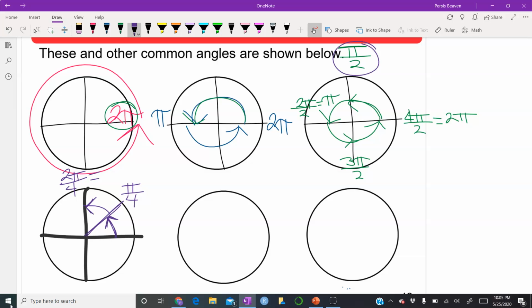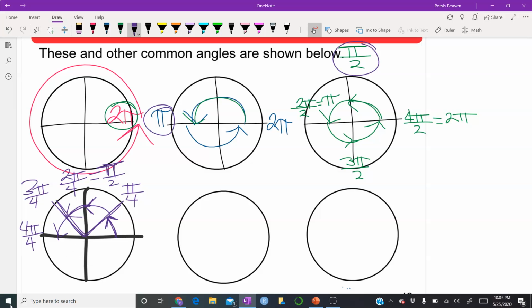But that one simplifies to pi over 2. And if we go another pi over 4 radians, we will get 3 pi over 4. Another one, and we will get 4 pi over 4, which is equal to pi.